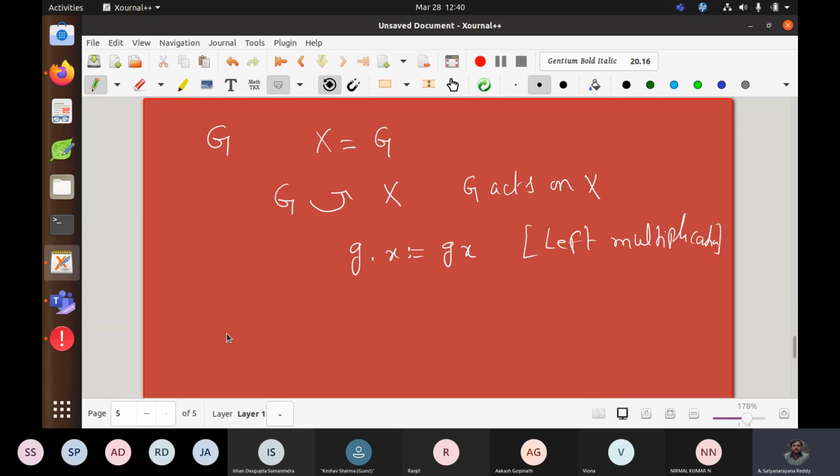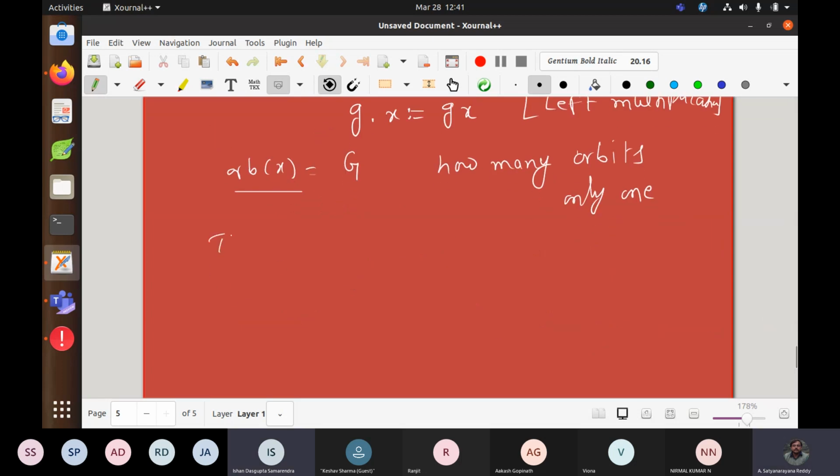So under this action, what is the orbit of x? It's all of G. Under this action, the orbit of x is the whole of G. You take any element. So how many orbits are there here? Only one. So what is that action called? Transitive.